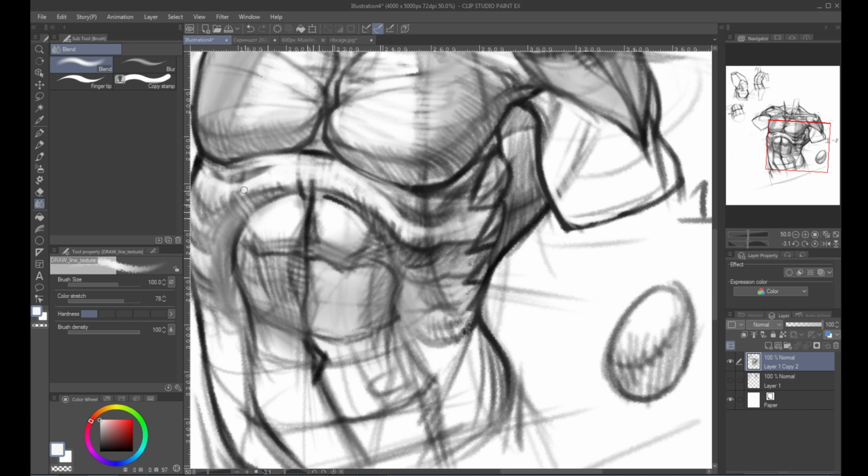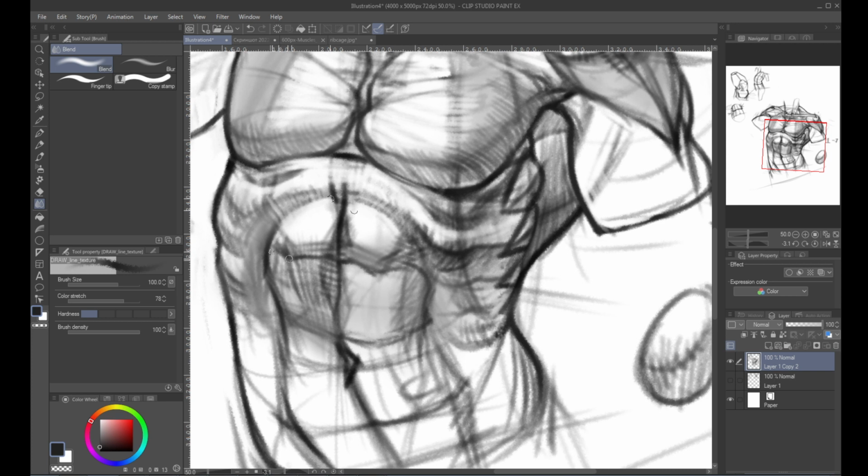Now this part we will smudge the connection a little bit to show that the abs are going above the ribs. So like this. And here I'm showing the upper part of the second set of abs.